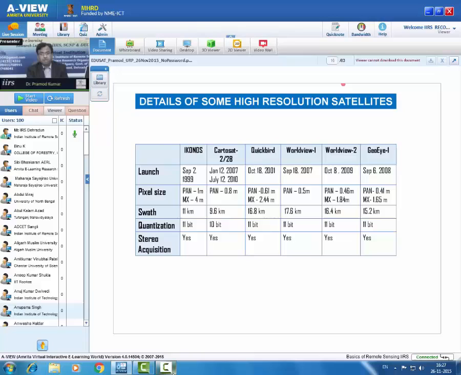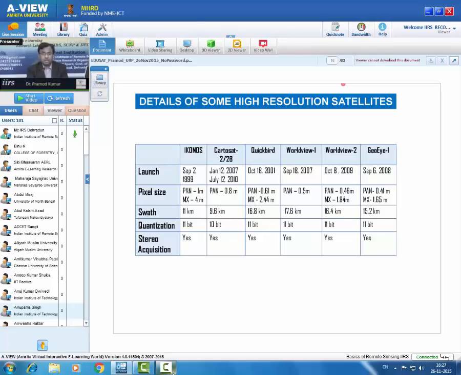For example, we have Ikonos, Cartosat 2 or 2B, QuickBird, WorldView-1, WorldView-2, GeoEye-1, and so forth. You see the launch date, pixel size, swath, that is the width of each frame, quantization, that is the radiometric characteristic, and whether stereo acquisition, that means seeing the area from two different angles, is available or not.